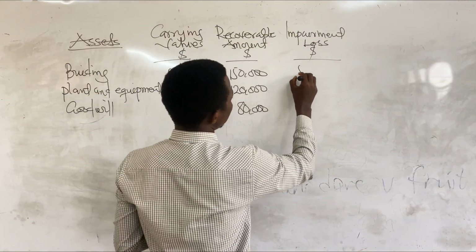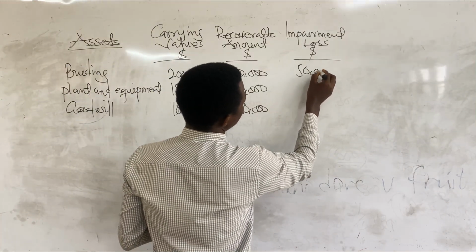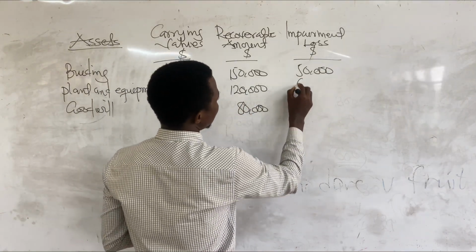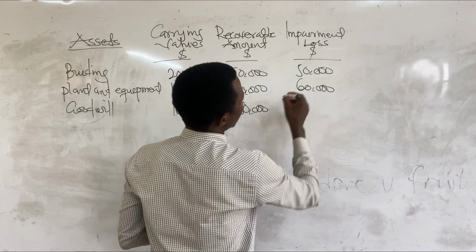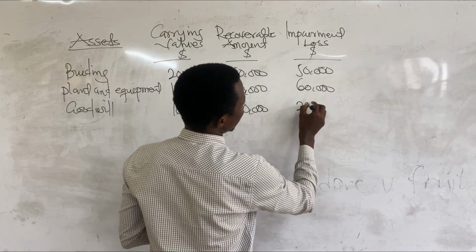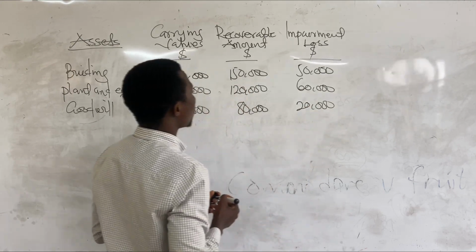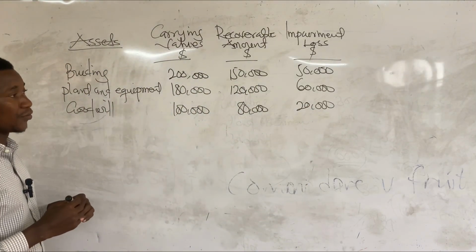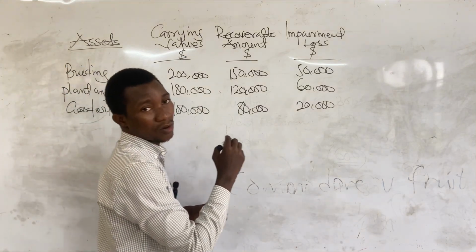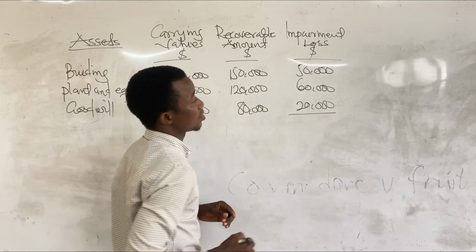So to get the impairment loss, we just subtract the recoverable amount from the carrying amount. So we have $50,000 for the building as impairment loss. We have $60,000 for plant and machinery. Then we have $20,000 for goodwill. Now to determine the total impairment loss, we add these three. Is that okay?